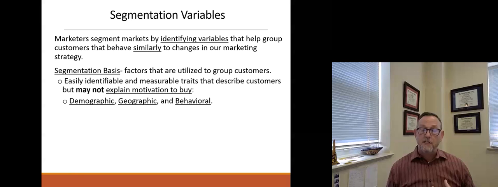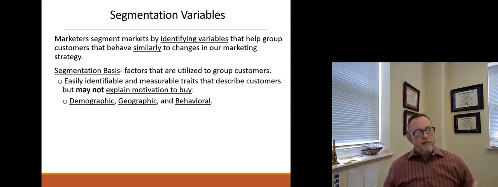Demographic variables, for instance, are used a lot, and they're very common. Geographic variables and behavioral variables are available as well. Now, behavioral variables tend to be reflective. They tend to show what a consumer does when they interact with a brand, or what they do when they consume a product.